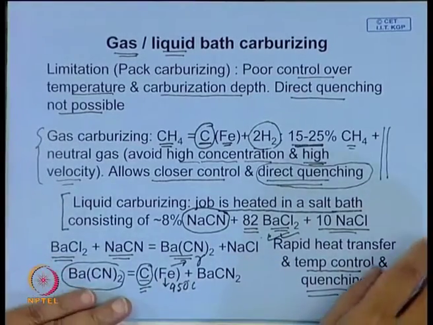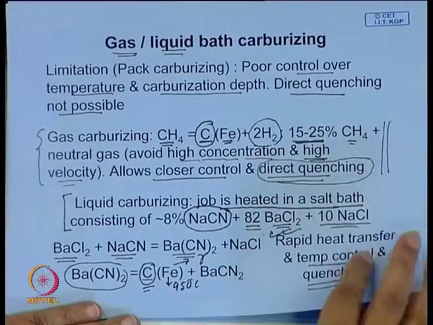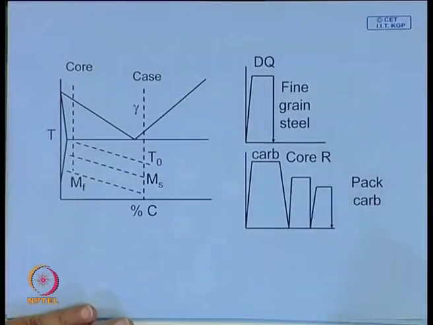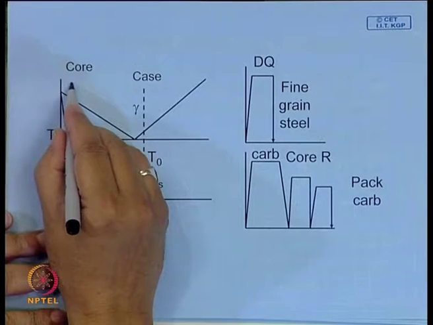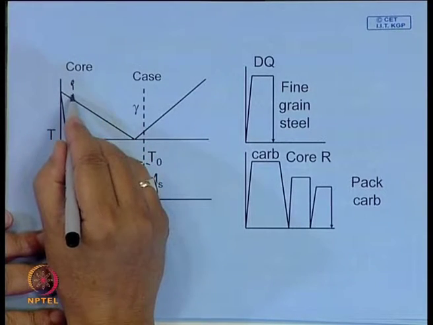Therefore, this method has become very popular, but now the problem comes up when you do carburizing: you are heating it to a relatively higher temperature. Say in pack carburizing, you are heating it somewhere here, which is much above the normal heat treatment temperature, which is around here.